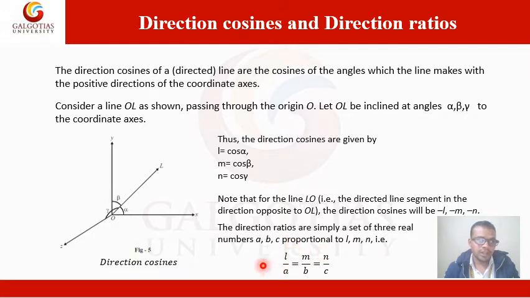That is, I can say here that L by A is equal to M by B is equal to N by C, and they must be equal to K times, that is, only K. So in that case, L is directly proportional to A, K being some constant number or proportionality constant. In this way, I can define your direction ratios that define your line on a plane.